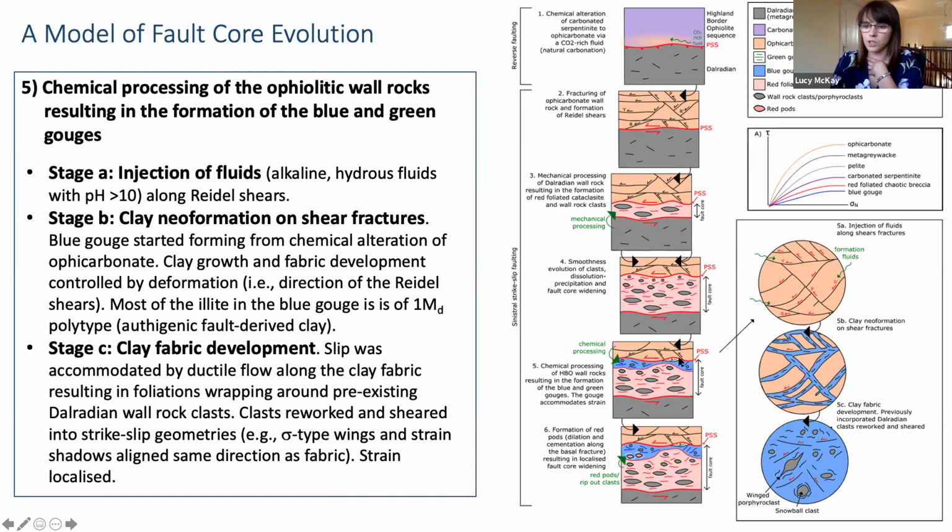Whether the green gouge is localized, you don't know. But this is all happening by fluids coming in along these previously formed shears, and you're gradually breaking down that rock and forming clay, and then into this blue gouge, which you've got all the evidence of the shears and the clasts that have been reworked into shear fabrics.